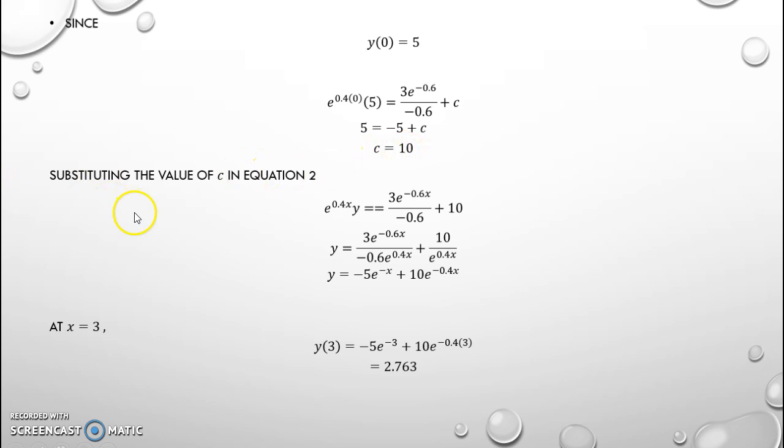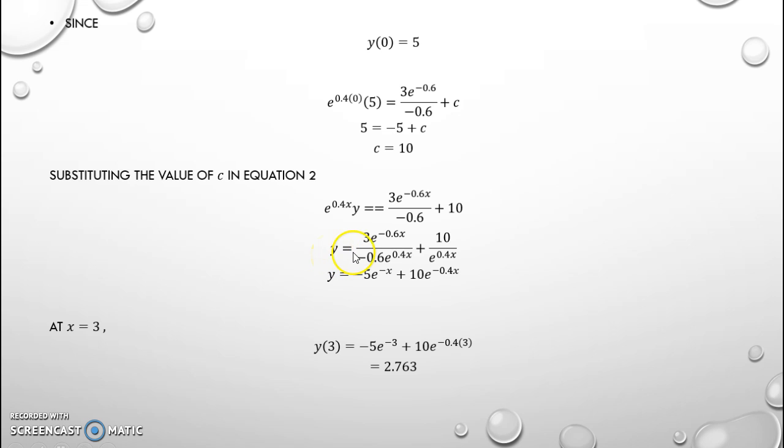So we substitute the value of c in equation 2. Then e to the power of 0.4x y equal to 3 e to the power of negative 0.6x over negative 0.6 plus 10.